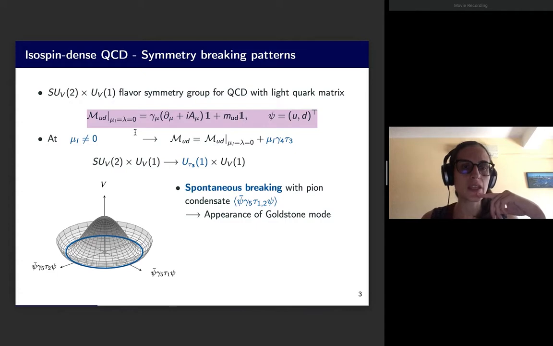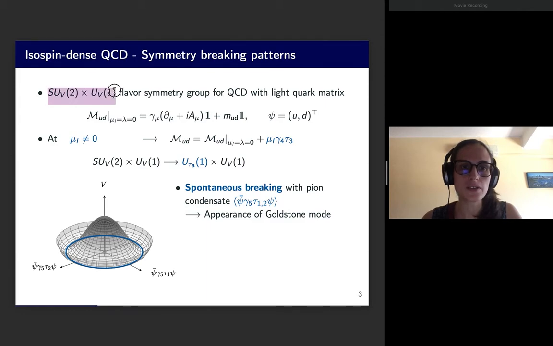And in this setup, we have studied it already when we discussed chiral symmetry as a fundamental symmetry of QCD, which is broken at a small temperature and gets restored at the deconfinement, at the chiral restoration temperature, I should say. Then the symmetry group is the SU(2) vectorial times the U(1) vectorial, with the last one corresponding to baryon number conservation. All right, then we want to switch on some isospin chemical potential.